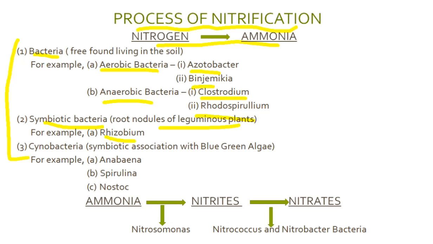And the third one is cyanobacteria, which is a symbiotic association with blue-green algae, for example Anabaena, Spirulina and Nostoc. Then the ammonia is converted to nitrites through the bacteria Nitrosomonas, and nitrites are converted into nitrates through the bacteria Nitrococcus and Nitrobacter.